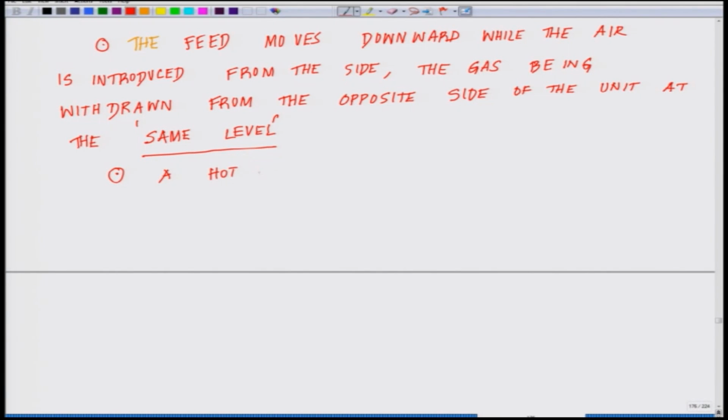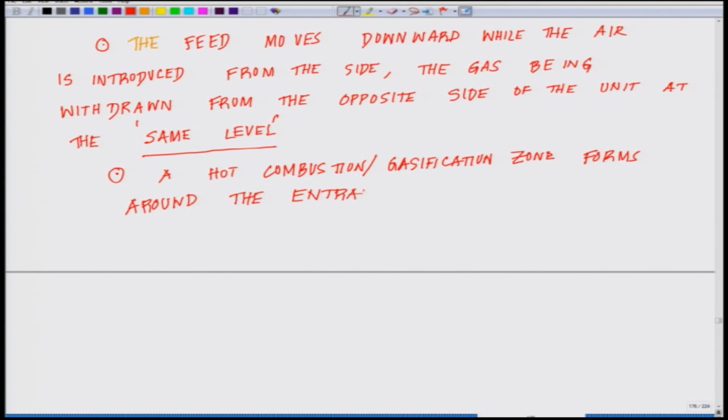A hot combustion or gasification zone forms around the entrance of air, that you can verify.